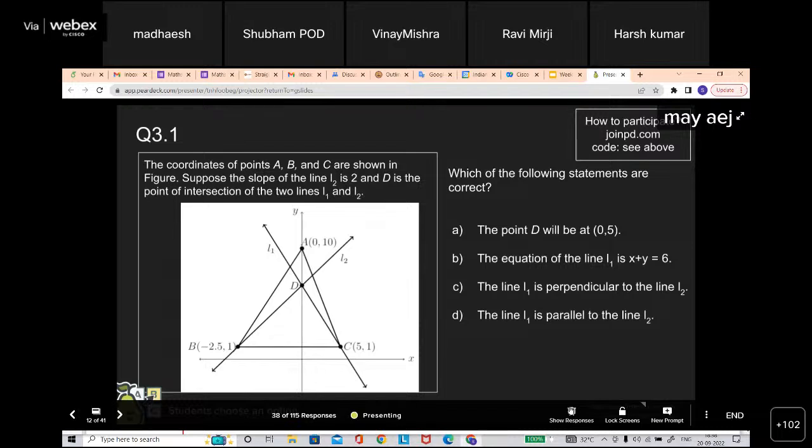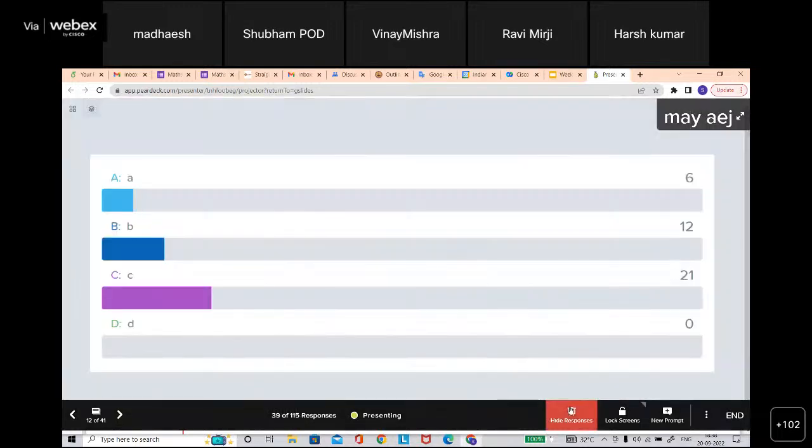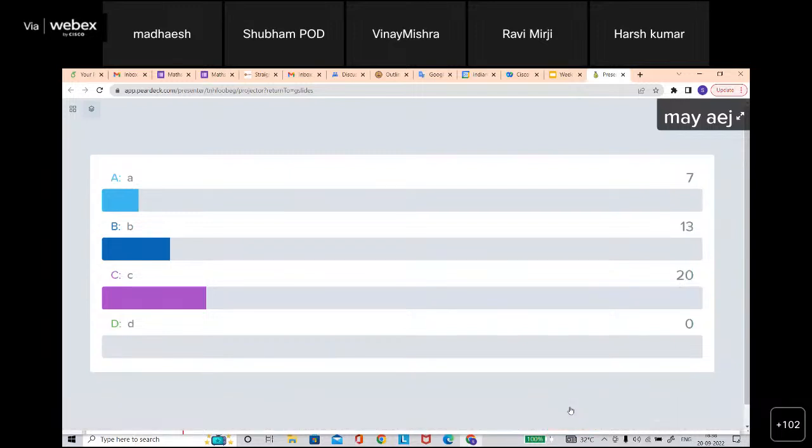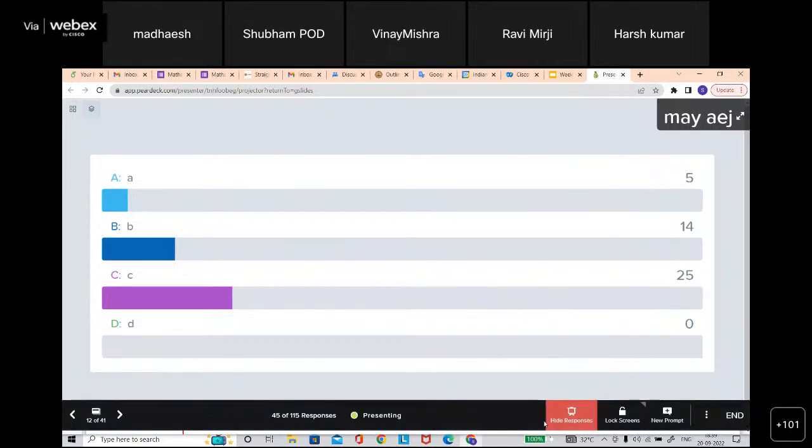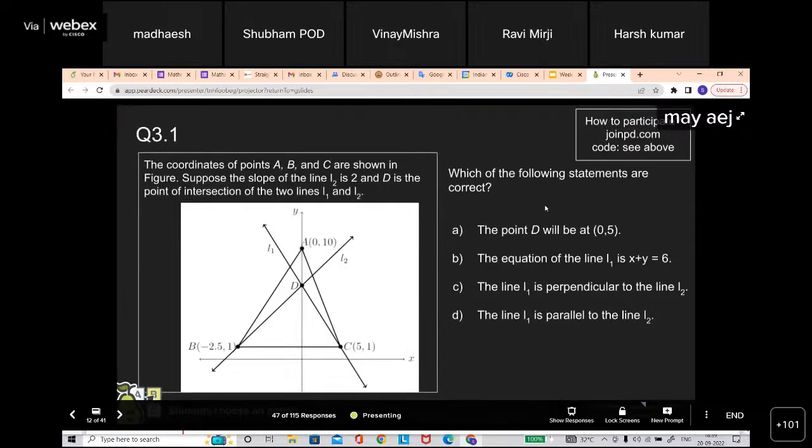So let's see. We got 38 responses. So D is not D and A. When you are answering, please note there are different things: equation, perpendicular, parallel, and then point D also.